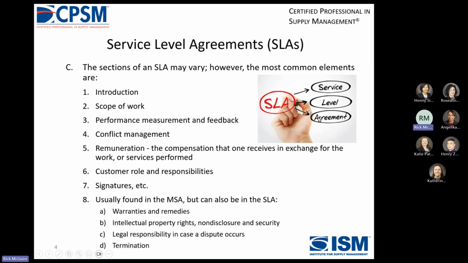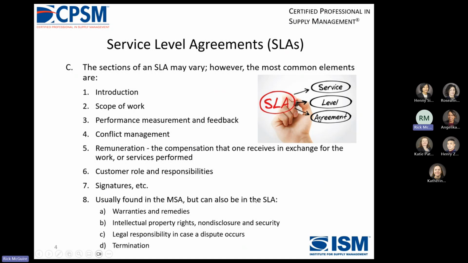Sections of an SLA usually vary, but more common elements are intro, scope of work, performance measurement, feedback. I wouldn't call that conflict management. It's not really more common, but remuneration, that's always in there, how they're going to get paid. Customer roles and responsibilities, signatures.